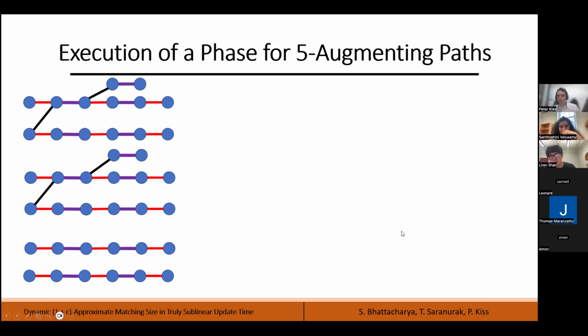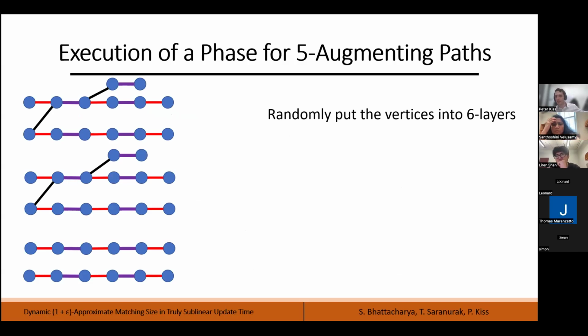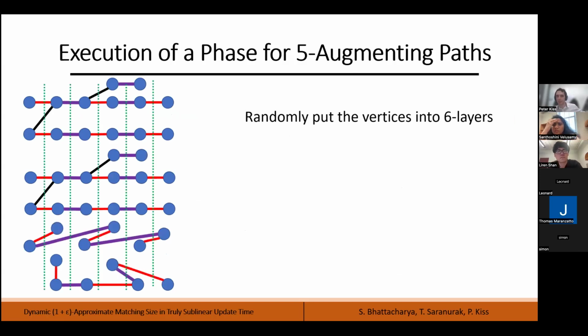So how does executing this look for, say, 5 augmenting paths? We will first brute force randomly put vertices into 6 categories, as 6 layers. Some small constant fraction of the augmenting paths will behave in such a way that they start from the first layer we chose completely randomly, and they go till the last layer.